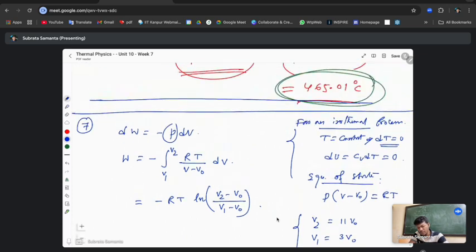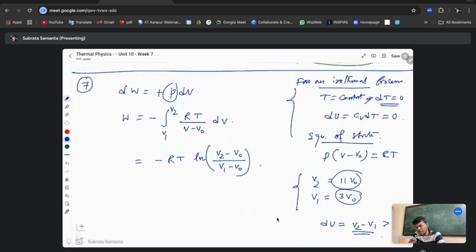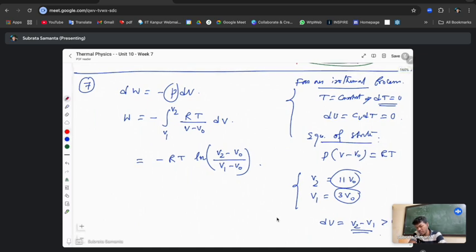In this case, V1 to V2 increases, so dV, which is V2 minus V1, is greater than 0. Since the volume is expanded, this is work done by the gas, not work done on the gas, so there is a plus sign, no minus sign.